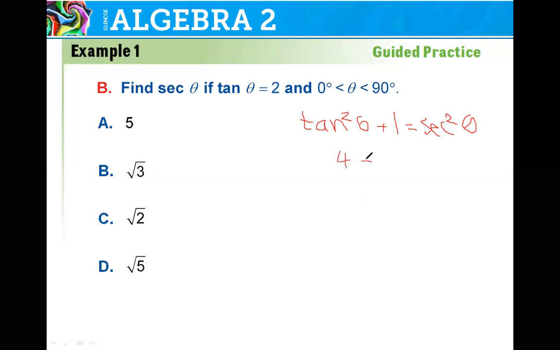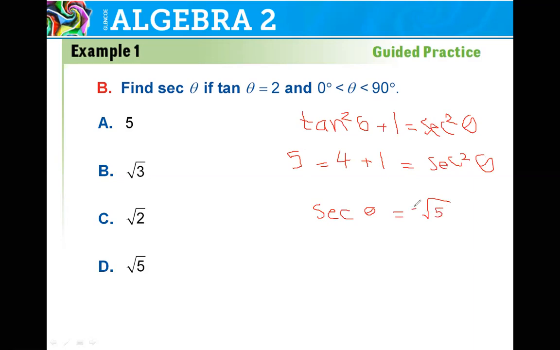So 4 plus 1 equals sec square theta. After that, sec theta equals positive or negative root 5. So Hussein made two steps together. Sec square theta equals 5, since 4 plus 1 equals 5, and he takes the square root of both sides. So sec theta directly equals root 5, positive and negative as we said before.